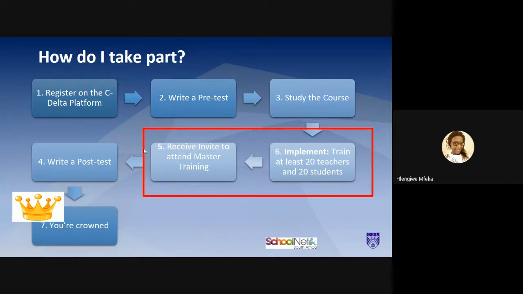But I know some individuals don't want a fail next to their names. So yes, by all means, you can retake the pre-test until you pass it. The pass mark is 40%. You also receive a certificate for passing a pre-test, by the way. And once you've written the post-test, the pass mark for the post-test is 50%.